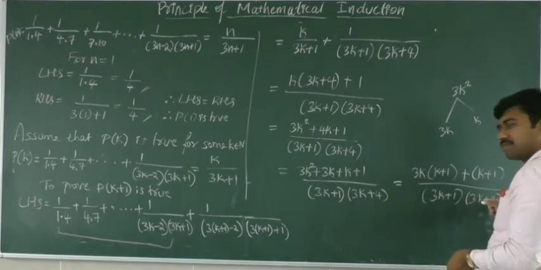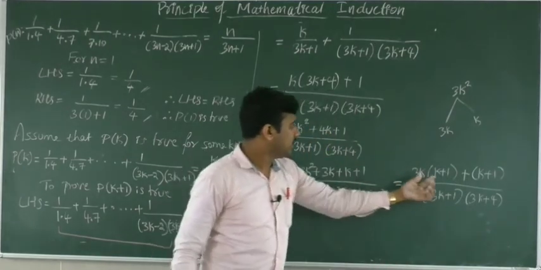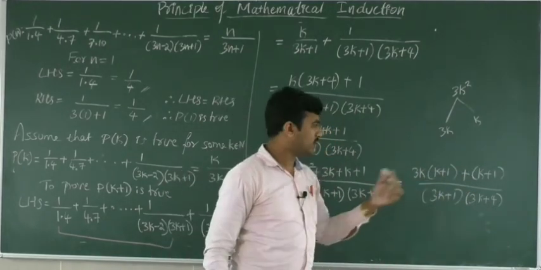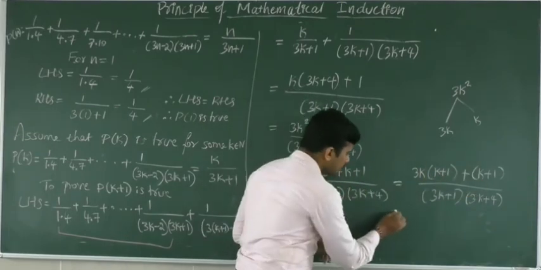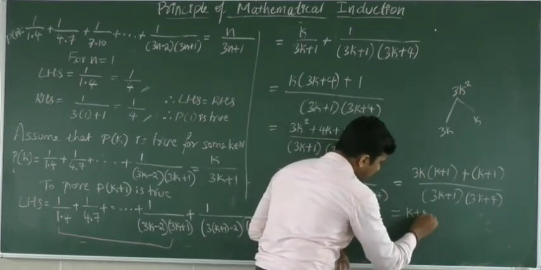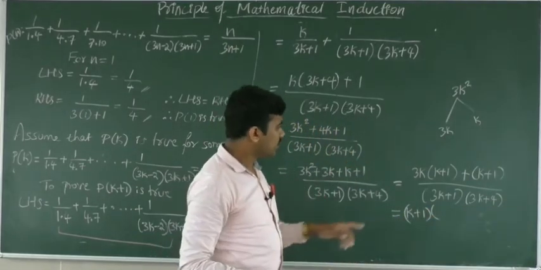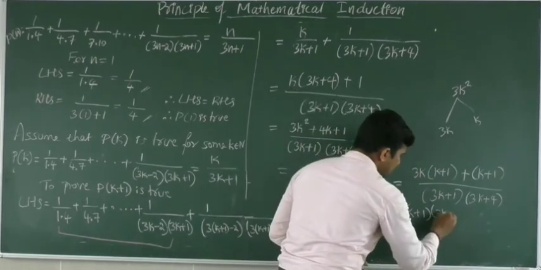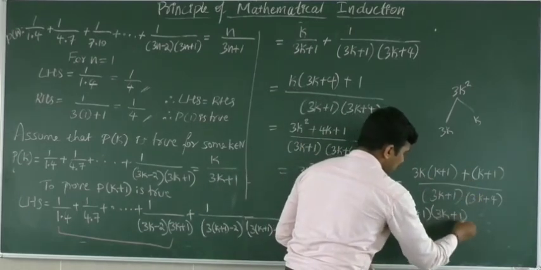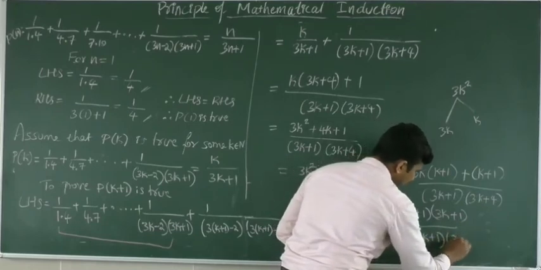Now see here, you can observe k plus 1, here also k plus 1 you have. So k plus 1 you can take as common. Then what will we get here? 3k remains, and in the second term 1 remains, whole divided by 3k plus 1 into 3k plus 4.